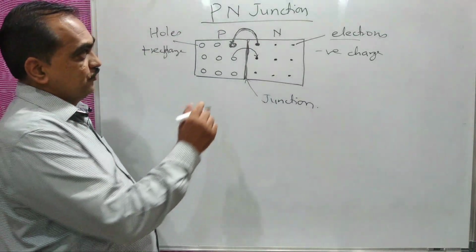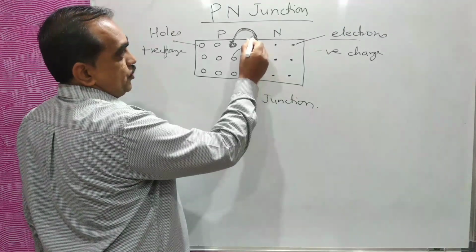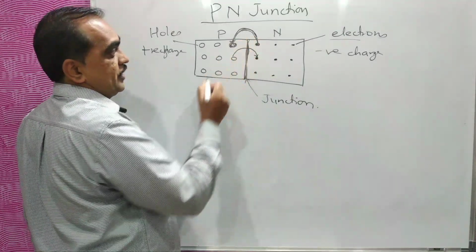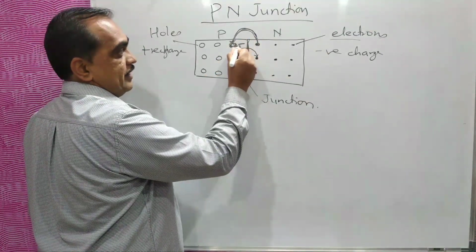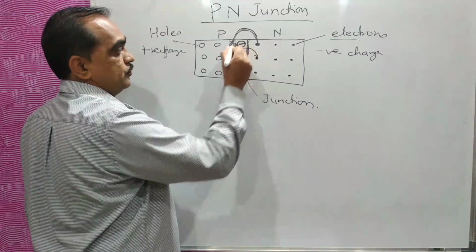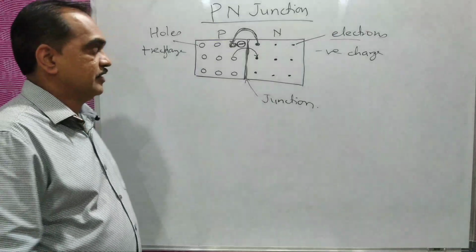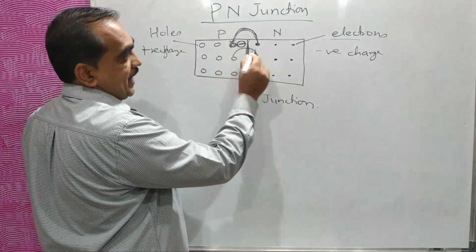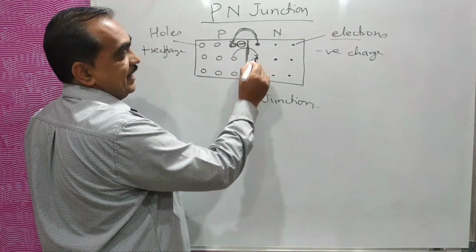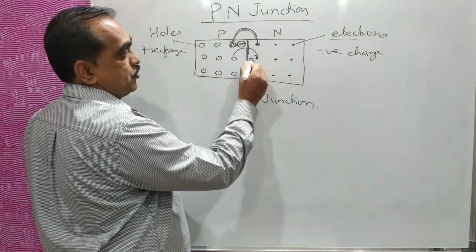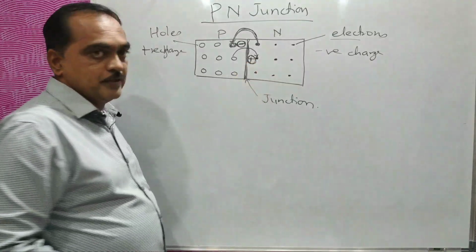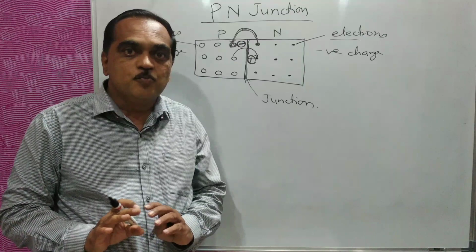Now in this process, when the electron goes to the P side and neutralizes, a negative ion is produced on the P side. And when a hole goes and recombines with an electron, a positive ion is produced. These ions are not movable charges.